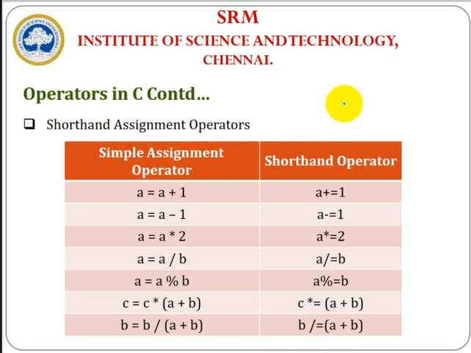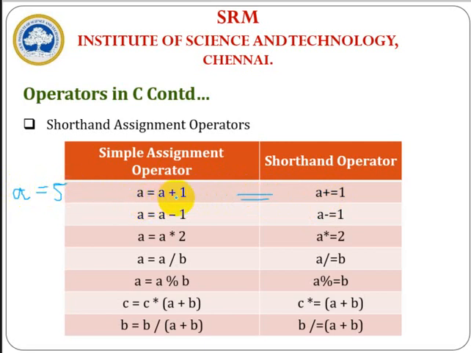Also there is the shorthand assignment operator. In general we give a = a + 1. This is one expression, right? Instead you can give a += 1. This is the same as a = a + 1. Say the value of a is 5.